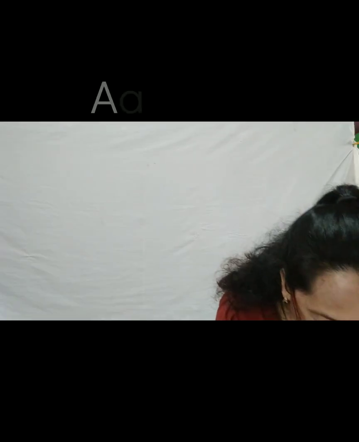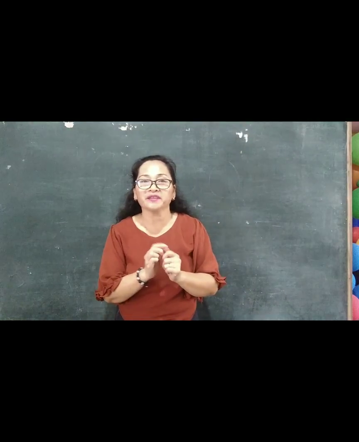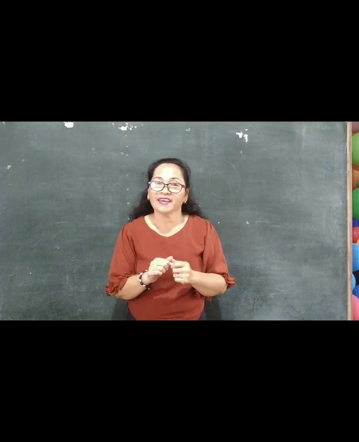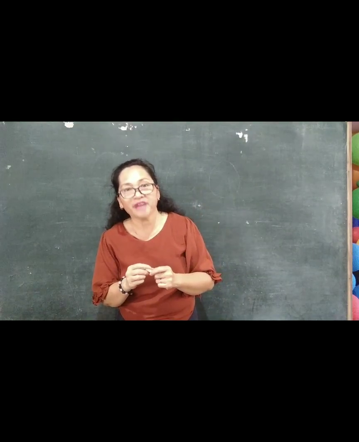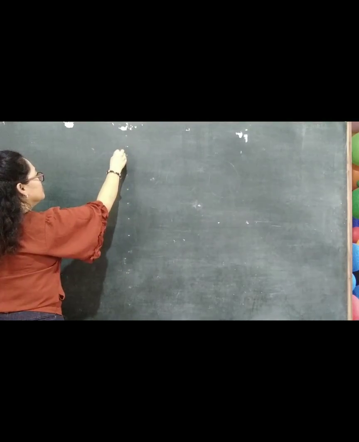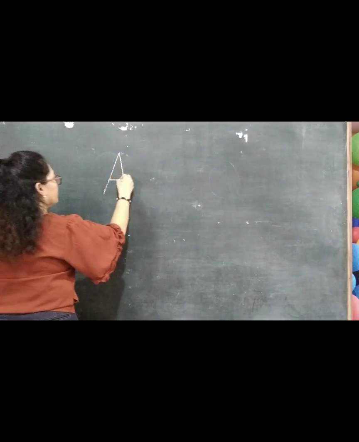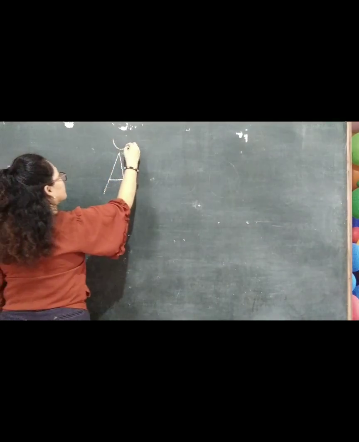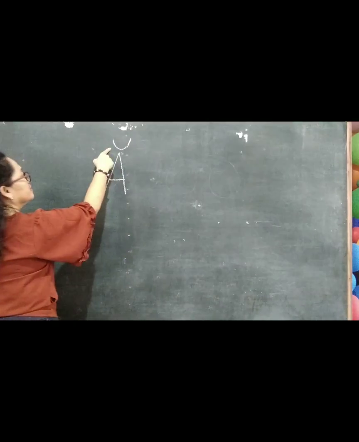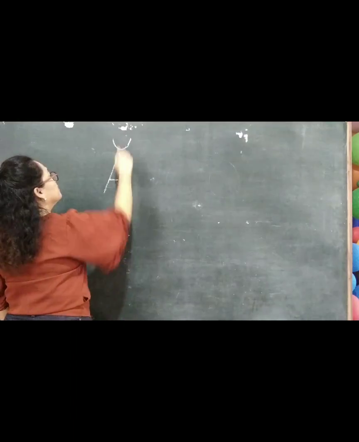And now, this time we're going to practice how to write letter A with the sound of A. Okay, here we go. See the sign of the upper part.